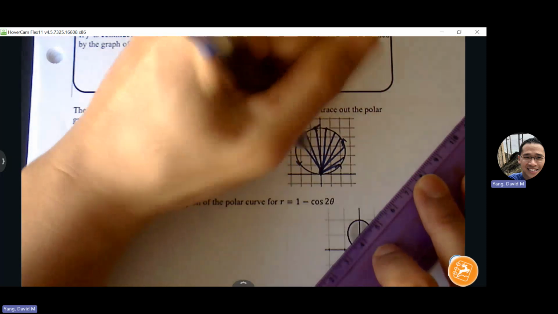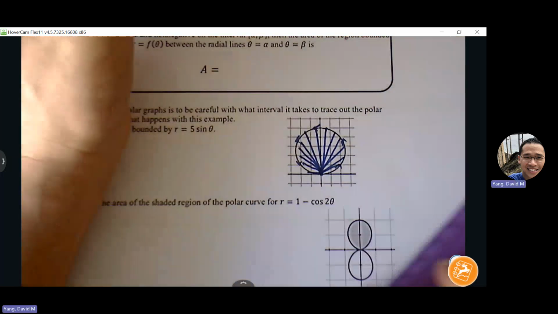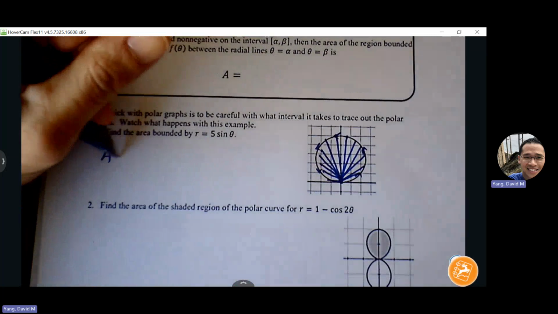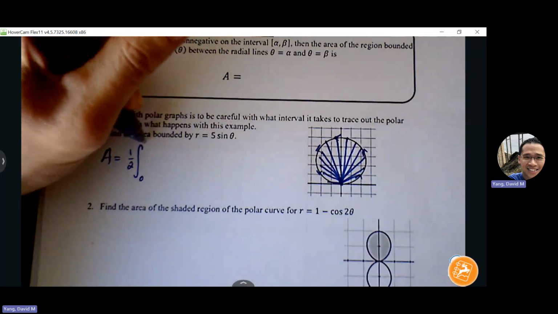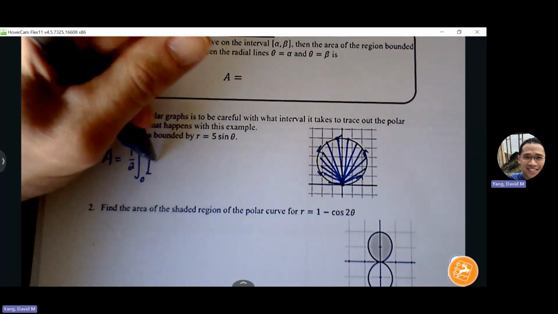By the time it gets to pi, it would have added up all these sector areas to get the area that we're looking for. So our area is just 1/2 definite integral from 0 to pi of r squared d theta.